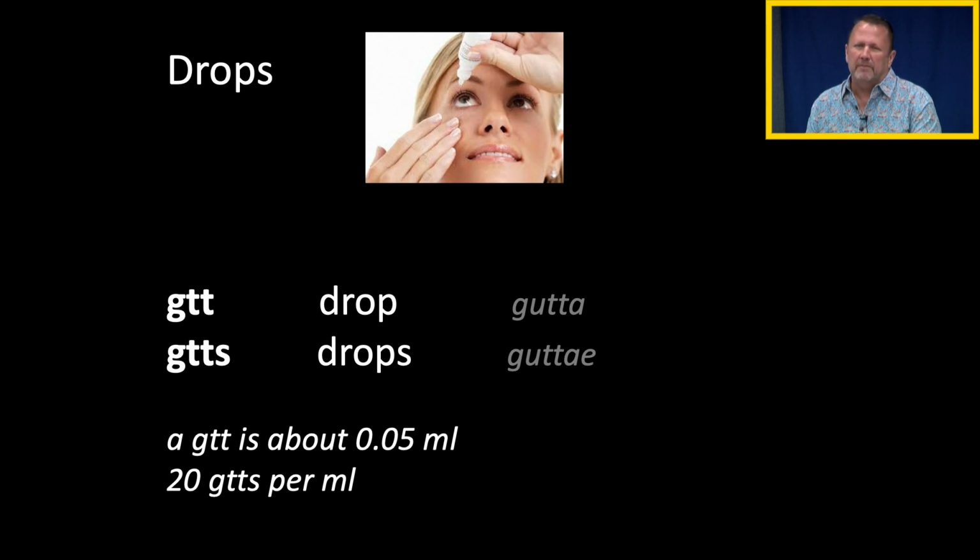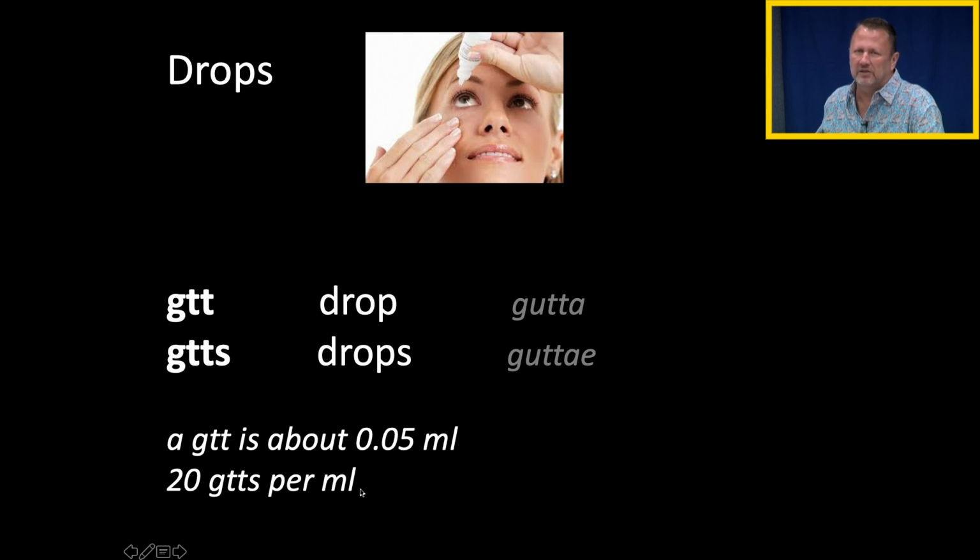GTT means drop, or GTTS means drops. Something you should know is there's this thing called a drop factor. So when you get IV tubing or you have a medication that's dispensed by drops, they'll give you the drip factor. Most commonly, a drop is 0.05 milliliters, meaning its drop factor is 20 drops per mil.